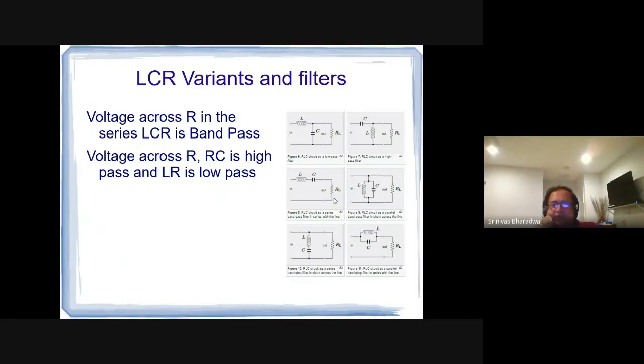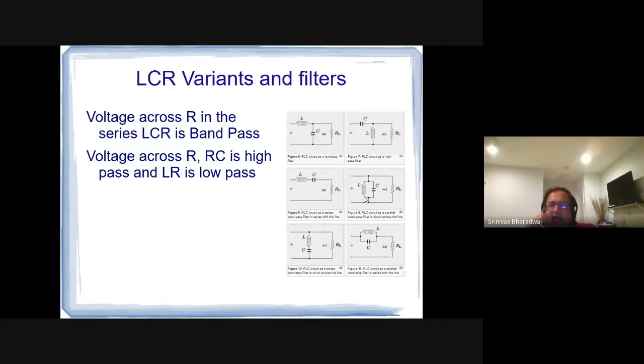Low pass means the frequency will be low. High pass means at higher frequencies there will be maximum power. Band pass means there will be a band, neither too high nor too low, where the power across RL will be maximum. That's how this RLC works.